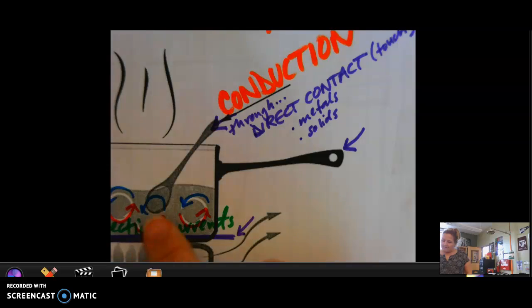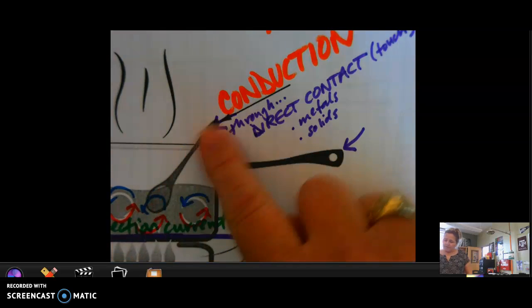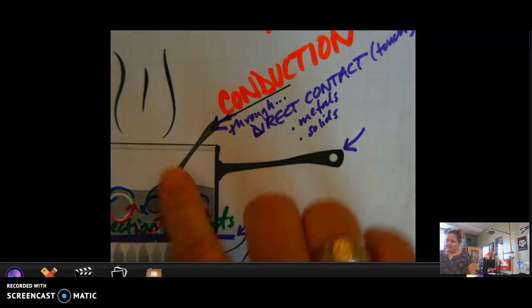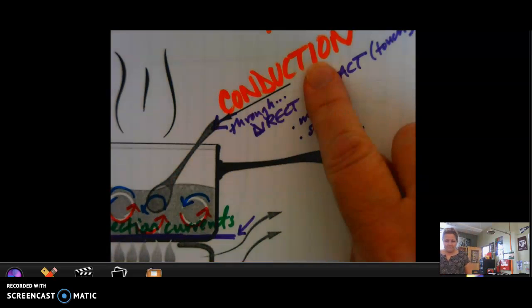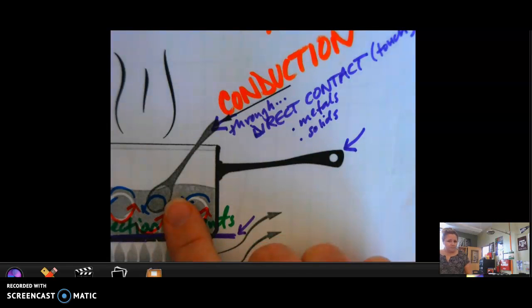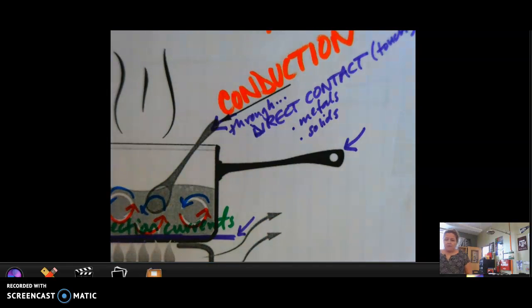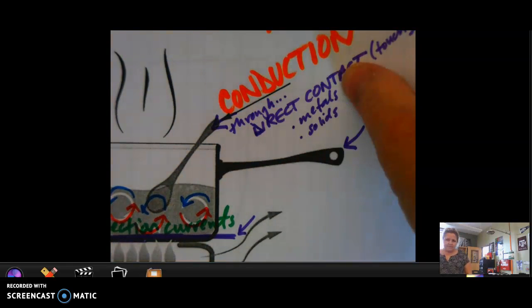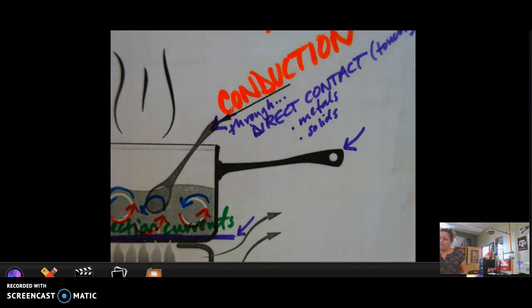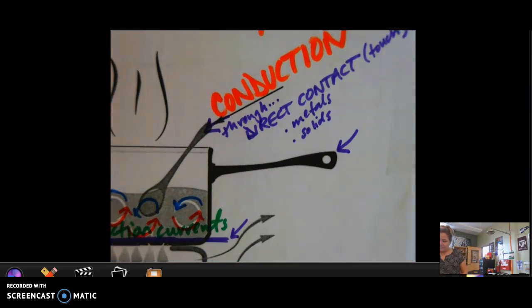Or maybe it's metal at the scoop part, but on the handle it's a rubber or a plastic, because we know that metal is a good conductor. See how that goes together, conductor, conduction? Or maybe this is a wood spoon. So wood and plastic and rubber we know as insulators, which is the opposite of conduction, or it just doesn't conduct very well. So that's one way thermal energy is transferred, through direct contact or touch.